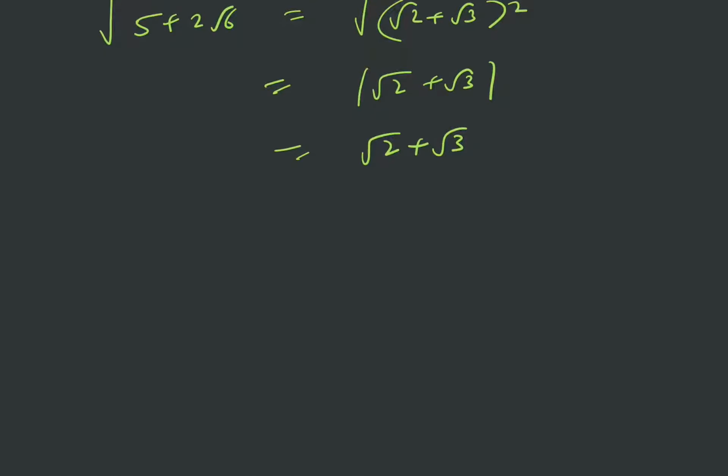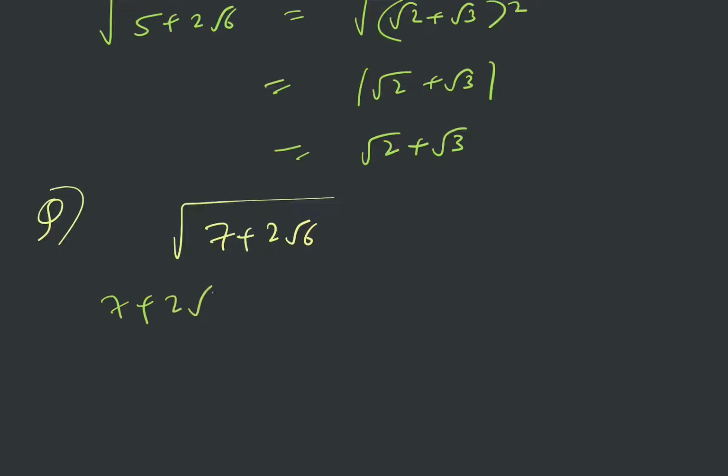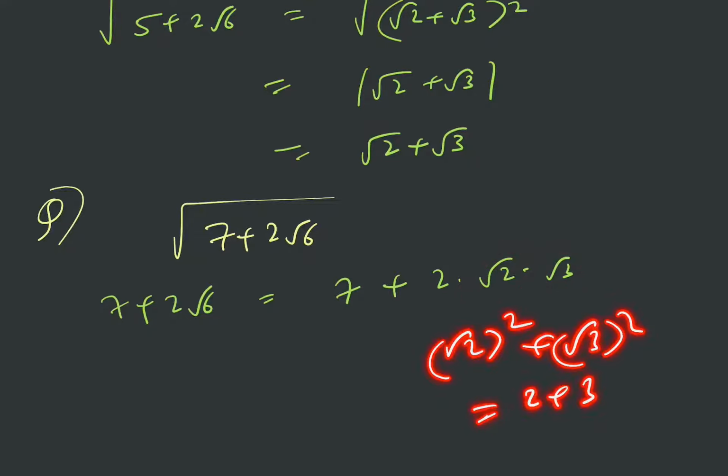For example, if I ask you to simplify square root of say 7 plus 2 root 6, then you write 7 plus 2 root 6 as 7 plus 2 into, now if you write root 2 into root 3, this is not working because root 2 whole square plus root 3 whole square is 2 plus 3, this is 5, but here you have 7.